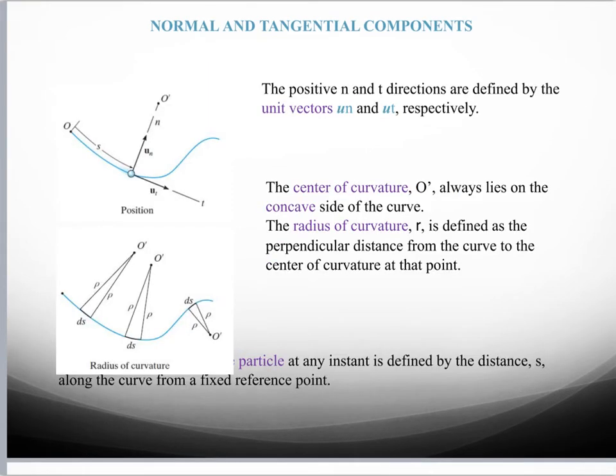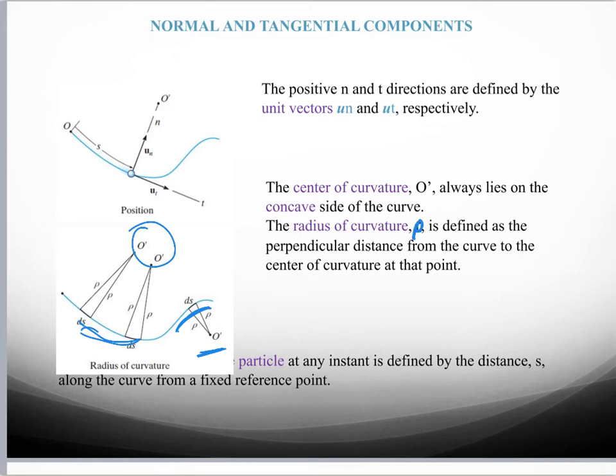So here are our unit vectors again, and this is actually a better picture when they draw it. This is what I was trying to show you, where the center of curvature would move from when the object was along this part of the path to when it was along this part of the path. And the other thing that we use is this term radius of curvature, for which we use the Greek letter rho.